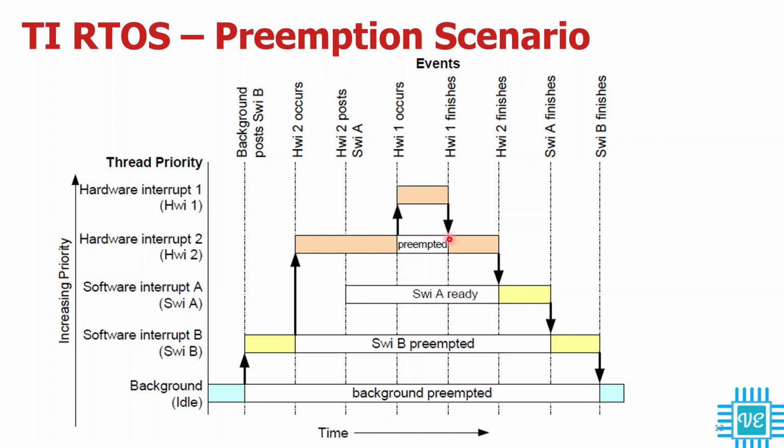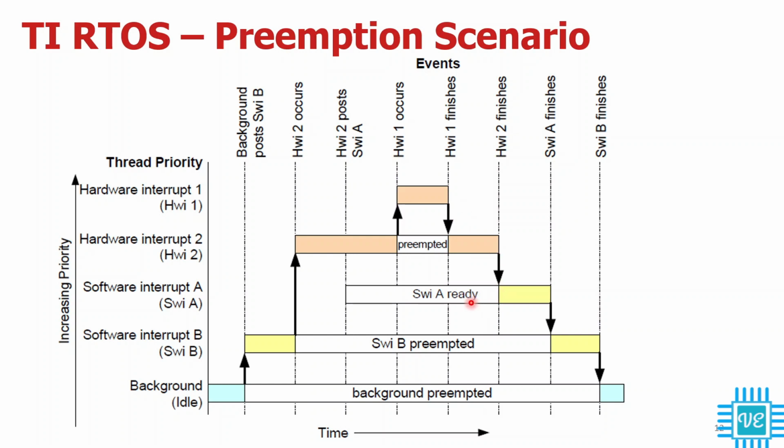Again it will come to hardware interrupt 2, because that is the next high priority, and then it will execute, and then again it comes to the next priority task. The next priority task that we see is the software interrupt here. Though it is ready at this point of time, it is not executed by the kernel. That is how TI-RTOS ensures that the high priority task will always run.